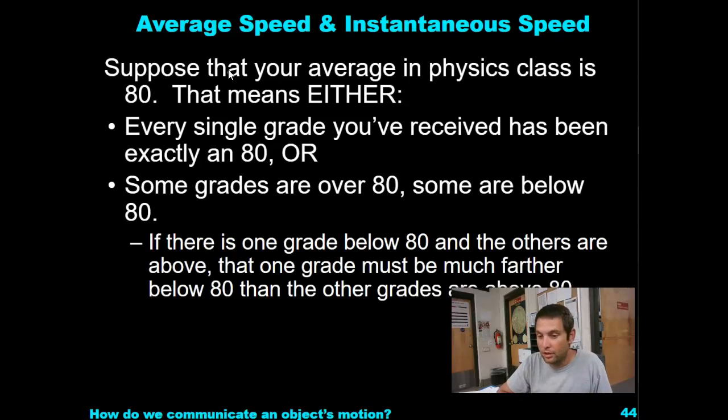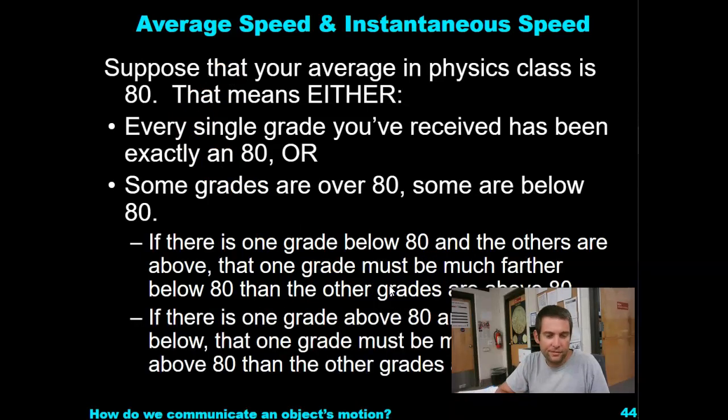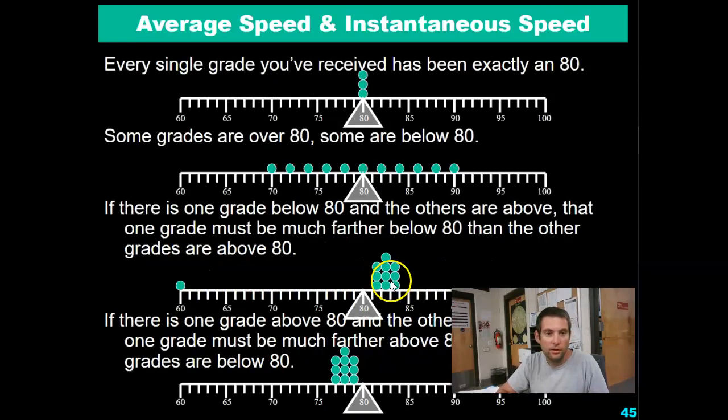If there's one grade below 80 and there's others above, you can kind of think of it as a tug of war. Obviously, it's going to skew to the above. If there's one grade above 80 and others are below, that one grade must be much farther below 80.